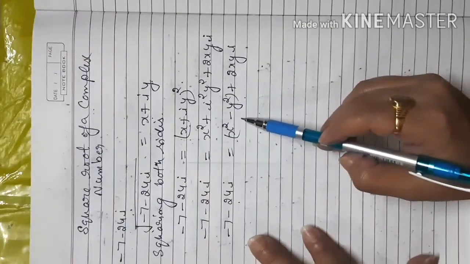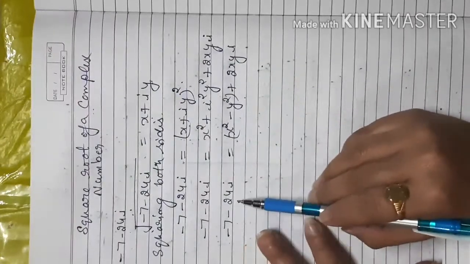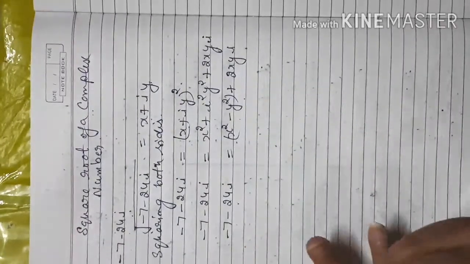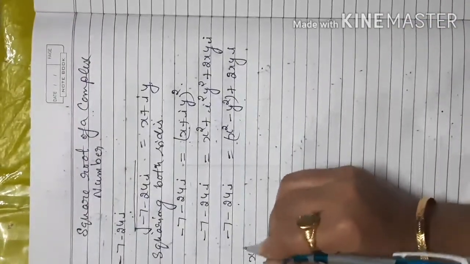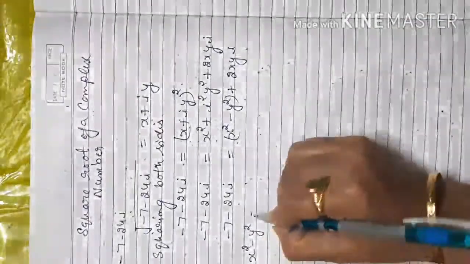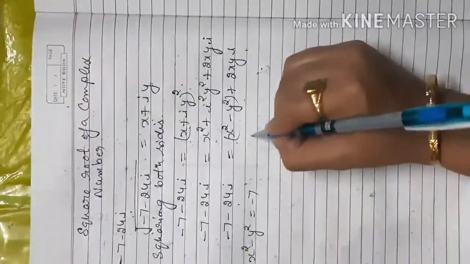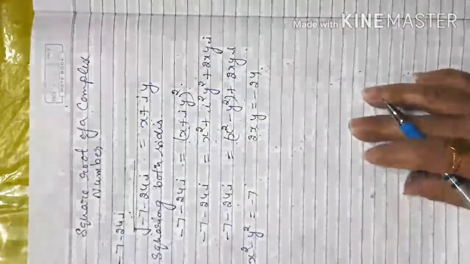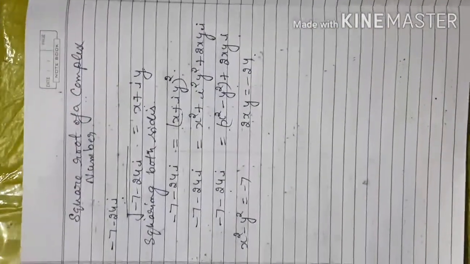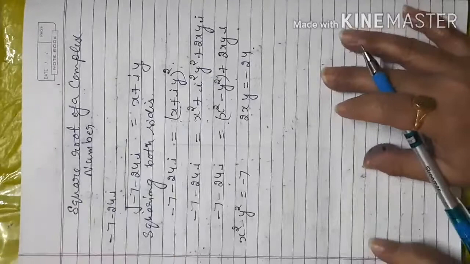Now you can compare real with real and imaginary with imaginary to make the equations. When I compare, x square minus y square is equal to -7 and 2xy is equal to -24. You can also keep the sign as shown in the complex number.